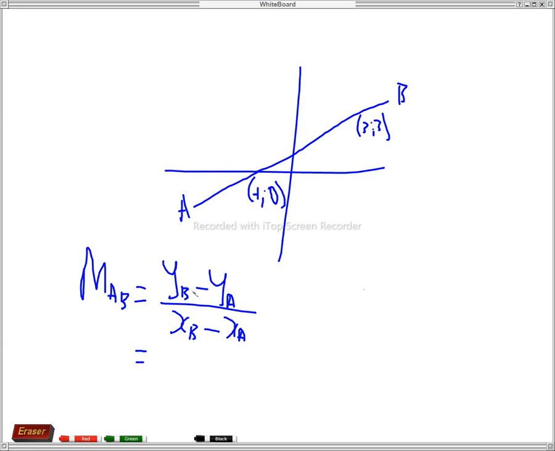So the y coordinate of B is 3 minus 0, and the x coordinate of B is 3 minus (-1). For the negative 1, you put brackets there so that you cannot make mistakes. It's advisable to always use brackets when you substitute.